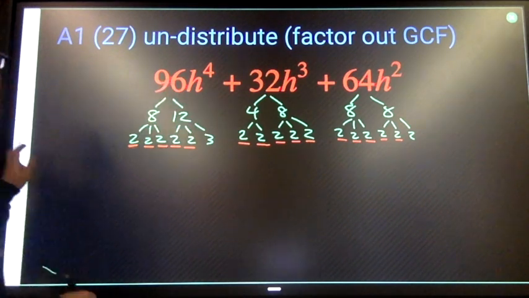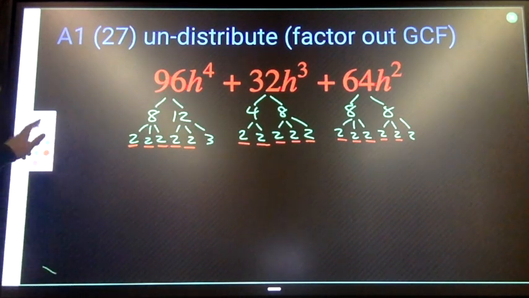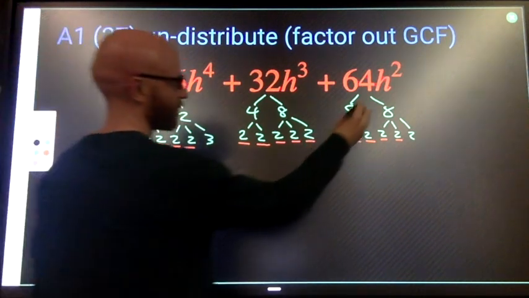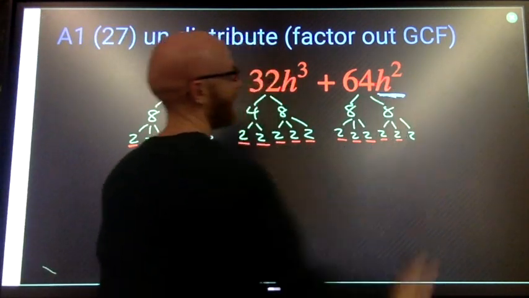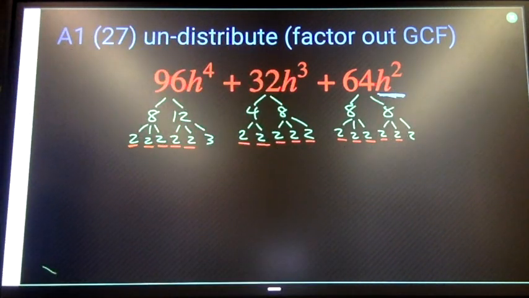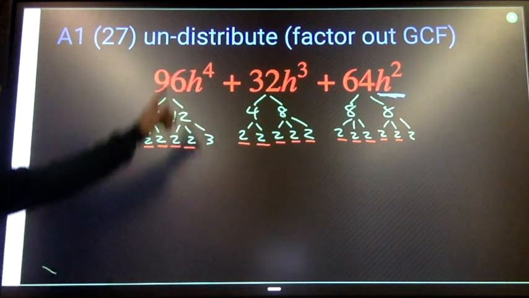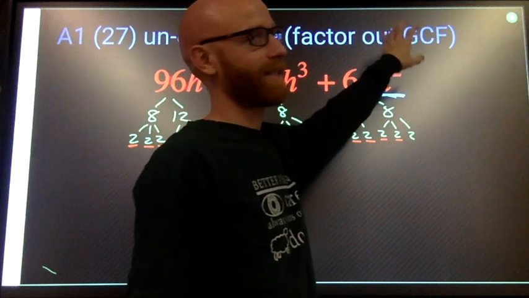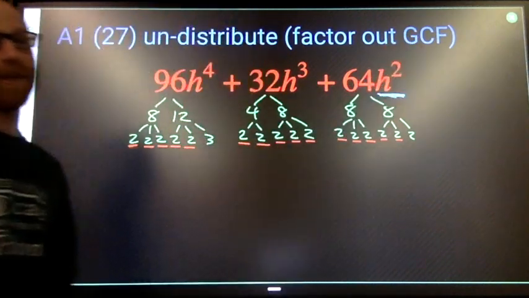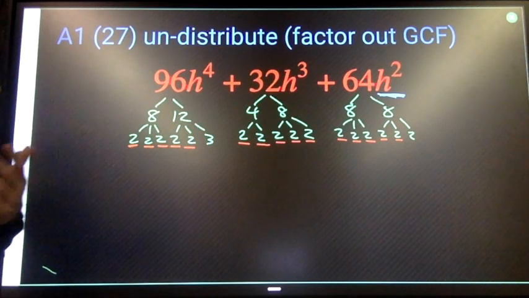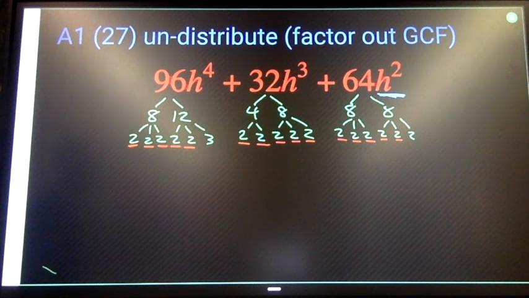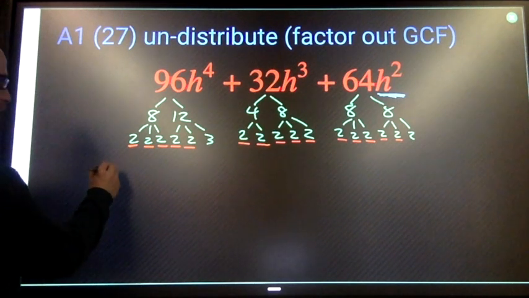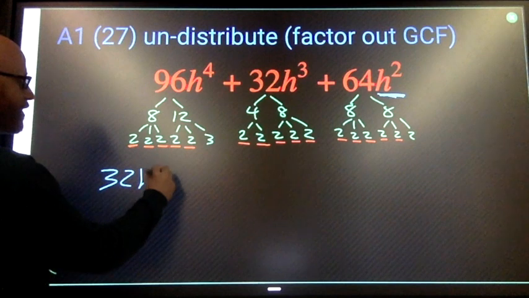Also, for my H terms, the GCF is H squared. If you remember back from lesson 16, when you have multiple variables shared, the variable with the smallest exponent will be your GCF. All right, so our GCF is 32H squared.